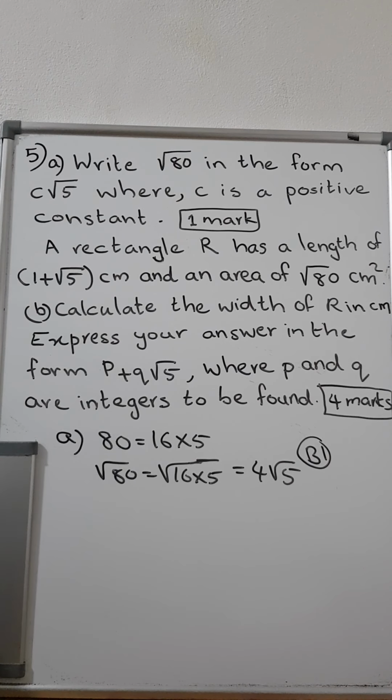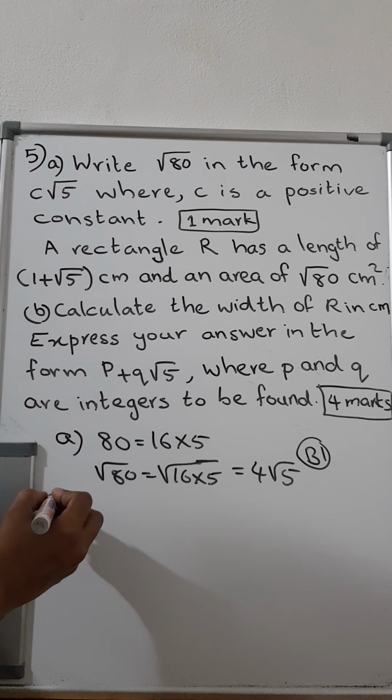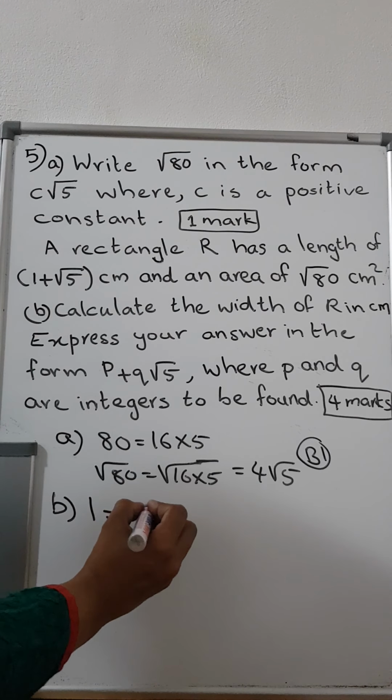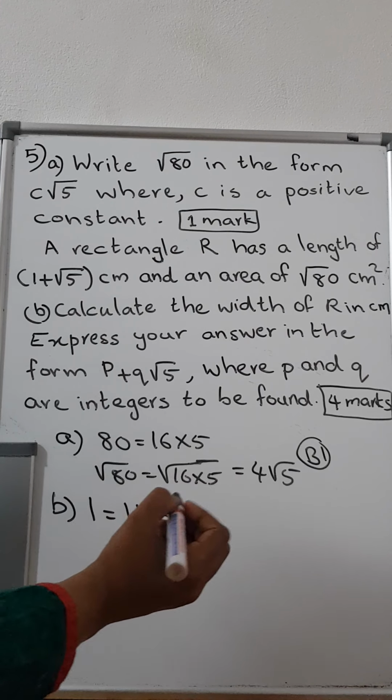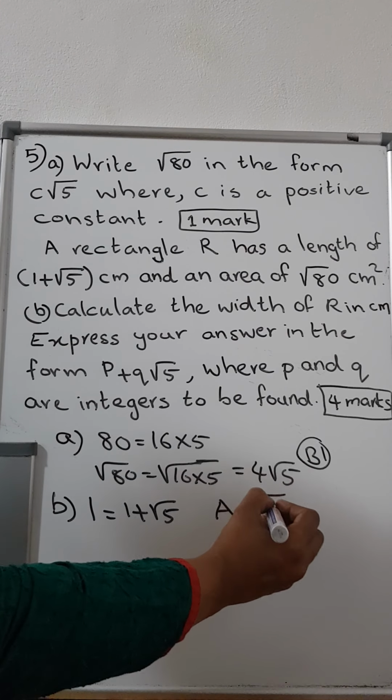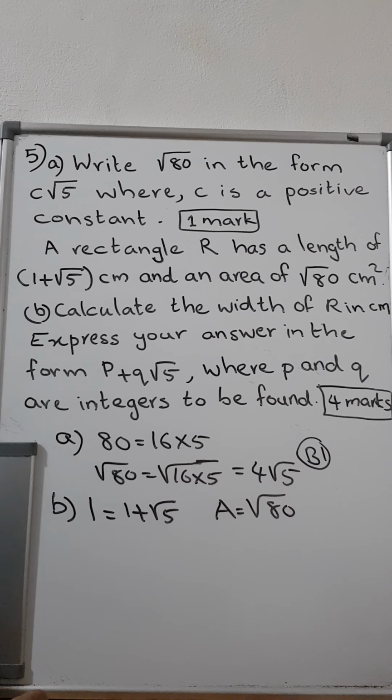We have to calculate the width of the rectangle R in centimeter, and we have to express our answer in the form P plus Q root 5, where P and Q are integers. See, we have a rectangle whose length is equal to 1 plus root 5 centimeter and area of the rectangle is equal to root 80.